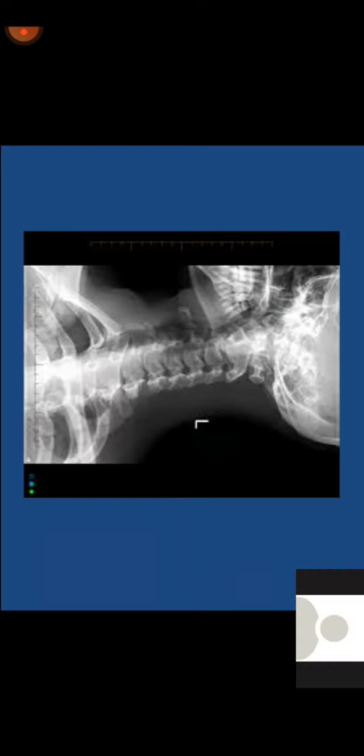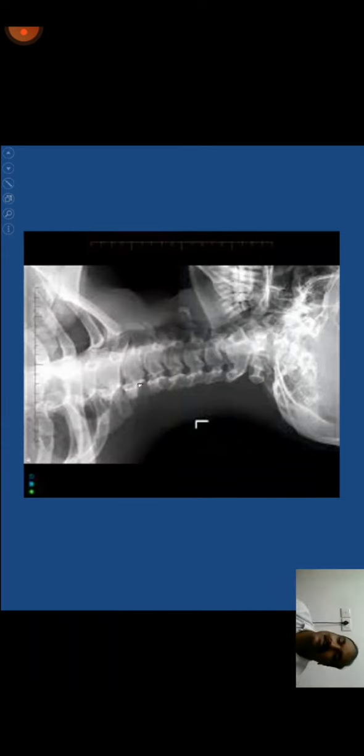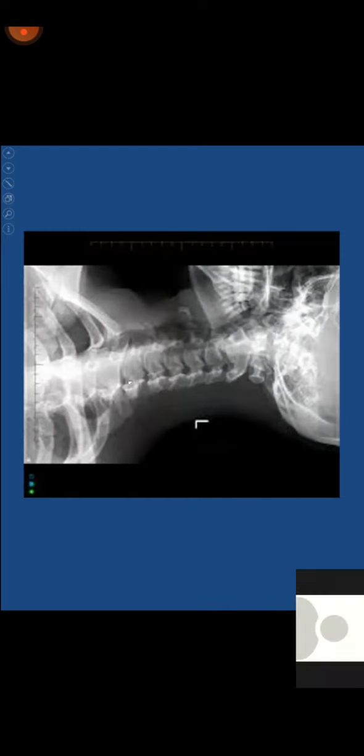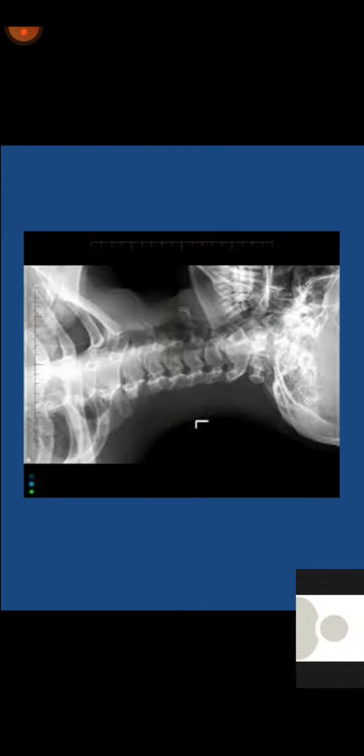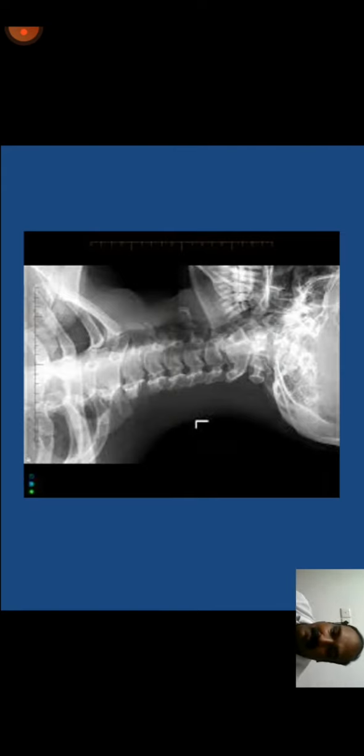C6, C7. Isn't it? Or this one? No. This one or this one? C6, C7. Right. So corresponding C7 nerve root will be involved.